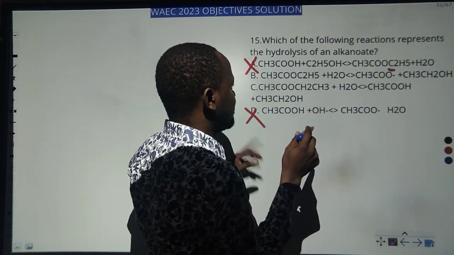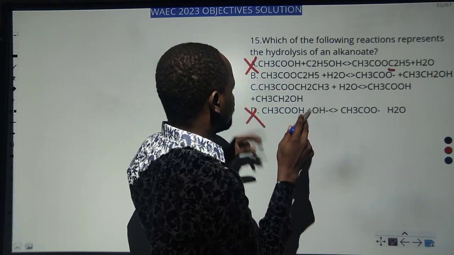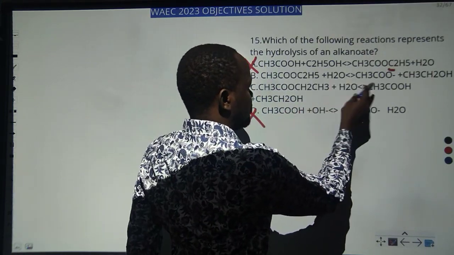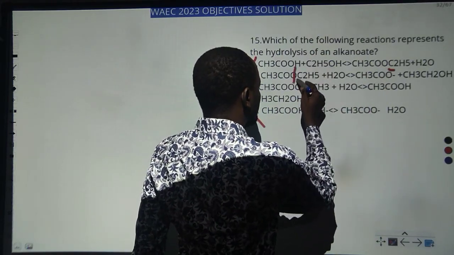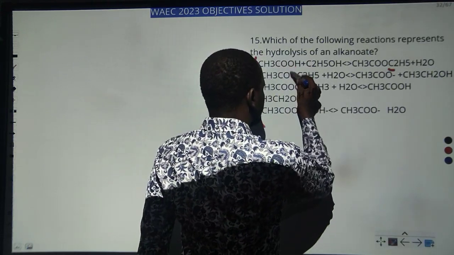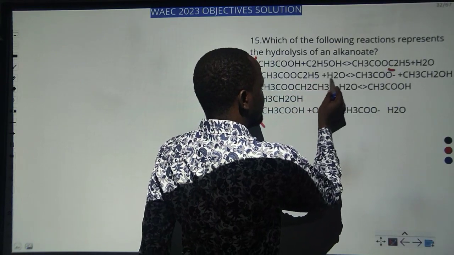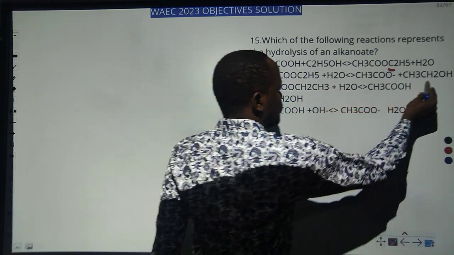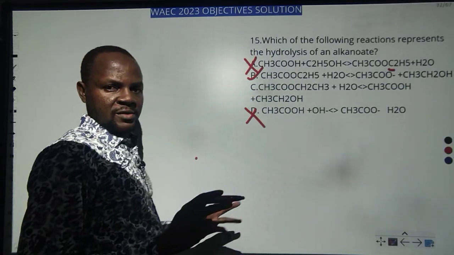Then you are left with C2H5OH. You can see it's not even balanced. CH3COO, this is gone. Apologies about that. Then you are left with C2H5 and with water. This is correct. Know that that is a balanced equation.